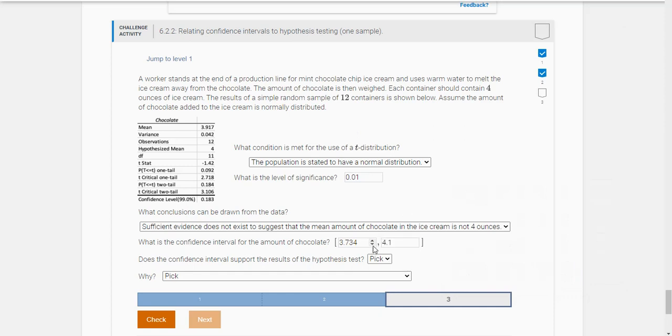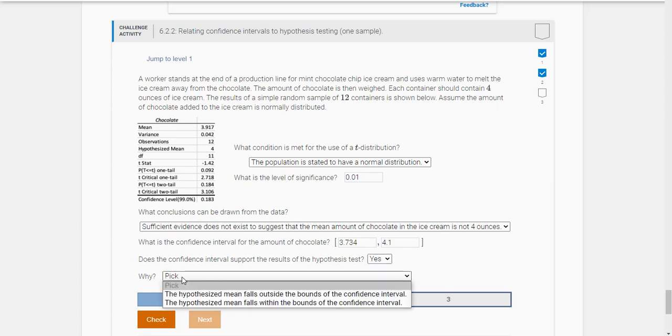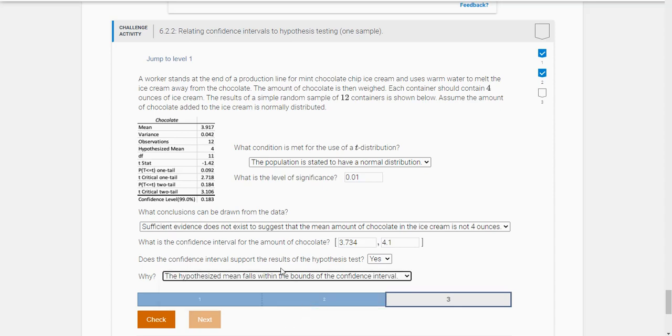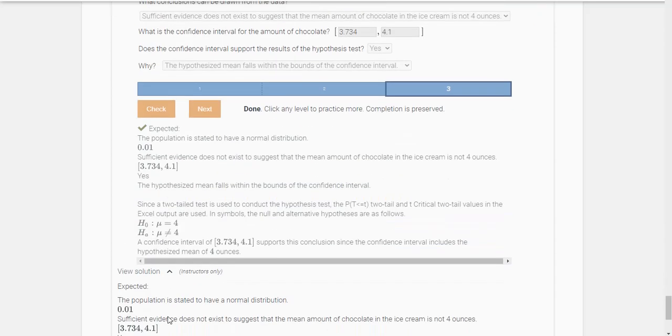Do you notice that 4 falls between these? So yes, the confidence interval does support the results. Why? The hypothesized mean falls within the bounds, so we're not going to reject.